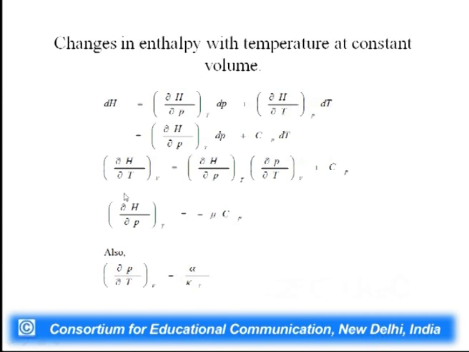So, this is your general equation, and del H by del P at constant T is generally written as minus mu Cp. We will later see how to calculate minus mu into Cp, but we also know that del P by del T at constant V is equal to alpha by kappa.